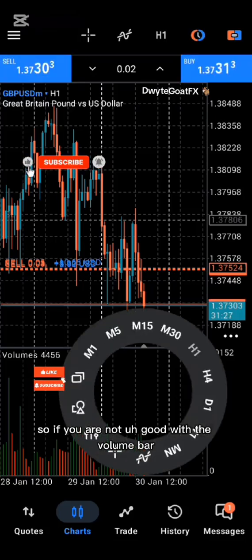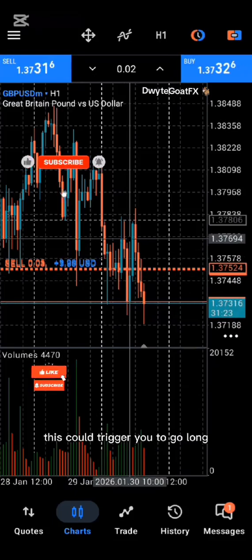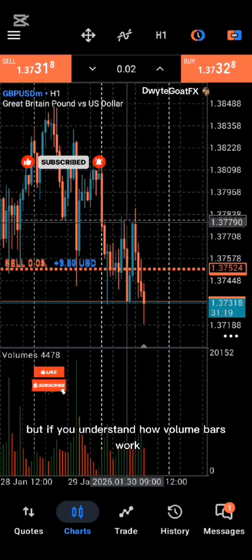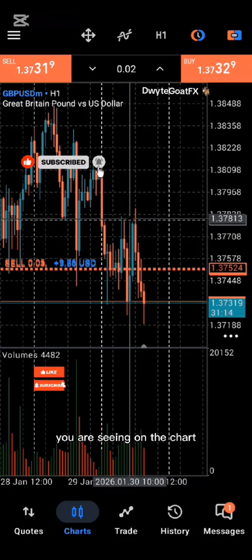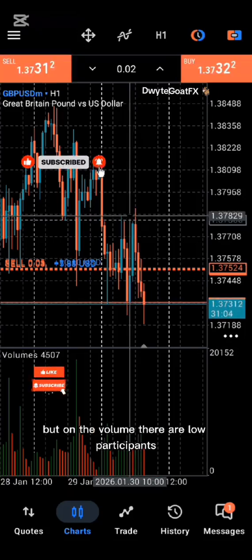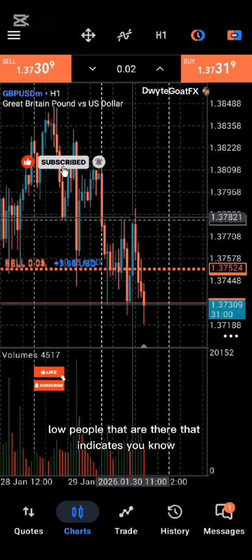So if you are not good with the volume bar, this could trigger you to go long. But if you understand how volume bars work, you understand that this green you are seeing on the chart and you are seeing red on the volume is an indicator of a fake pump or a fake move, telling you that you should buy, but on the volume there are low participants, low people that are there.